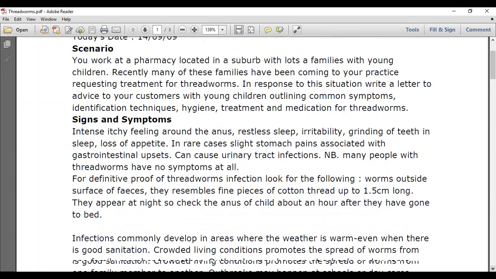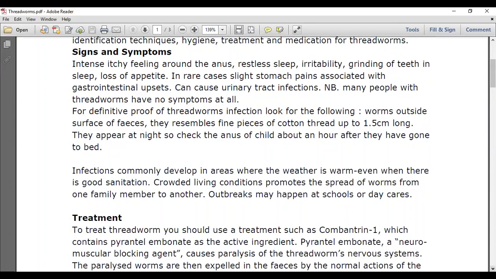Okay, so the signs and symptoms are given here. The same symptoms are given, but in a very detailed manner: stomach pains, urinary tract infection, how they can be found on the outside surface of feces. They look like cotton thread. Okay, how common is the occurrence? It is more common in crowded living conditions and warm weather.